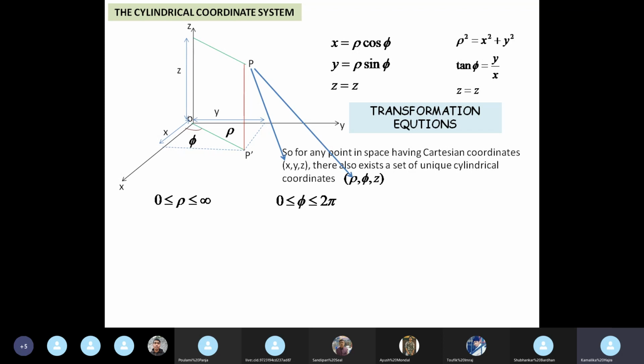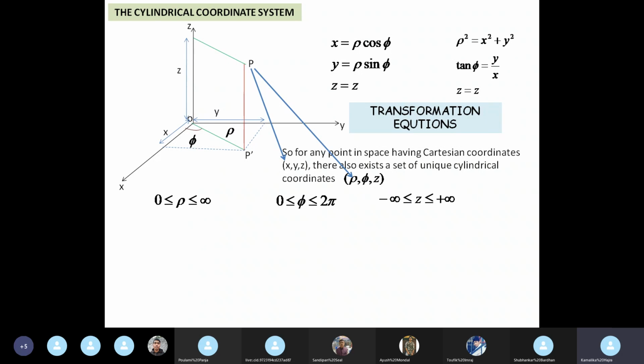No one gave us any restriction. We can also go to the third and fourth quadrant. So if the point P lies in the fourth quadrant, then this is on the negative z axis, okay, and it can go up to negative infinity also. So the limit of z is minus infinity to plus infinity.